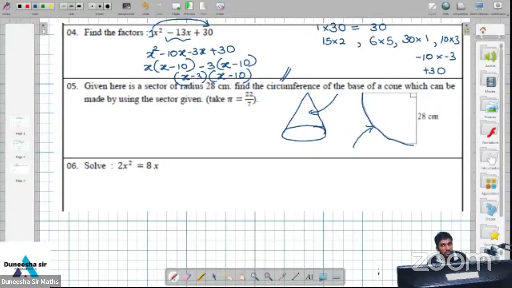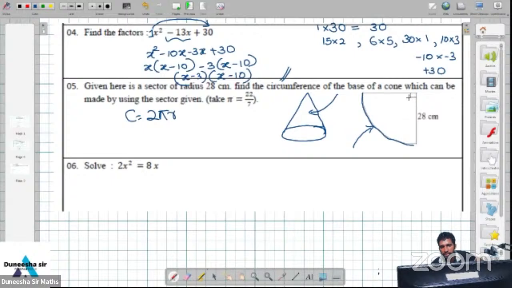Is it r squared? What is it? C is 2 pi r for the circle.